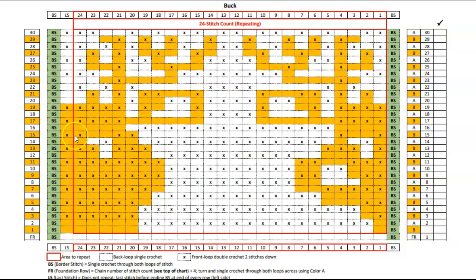That's what this last stitch is for. And again, I've got it notated down here in the key area to repeat within this red boxed in area. And then as you repeat it, it will look the way it should look.